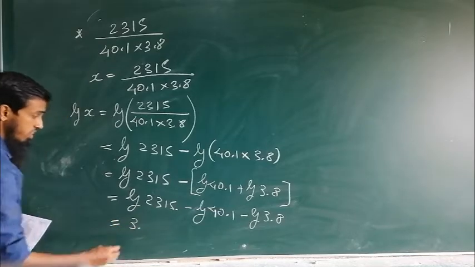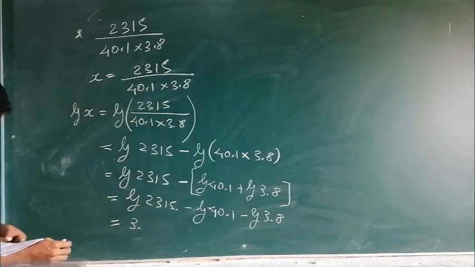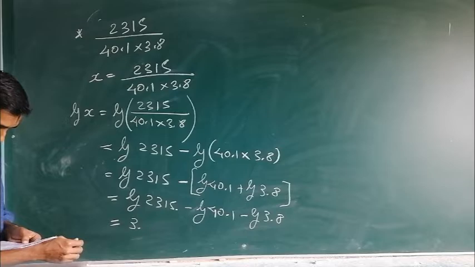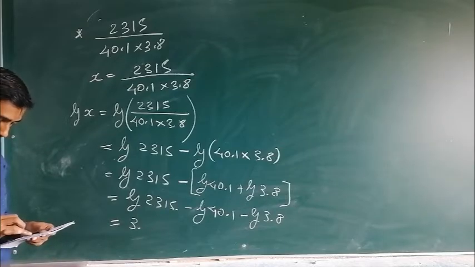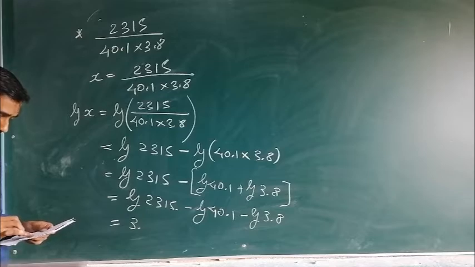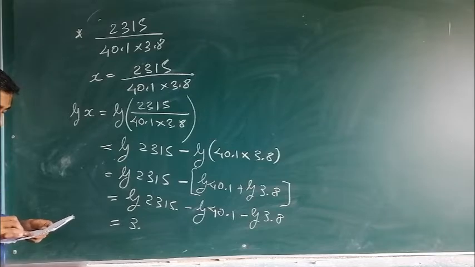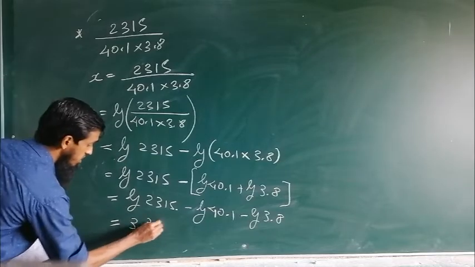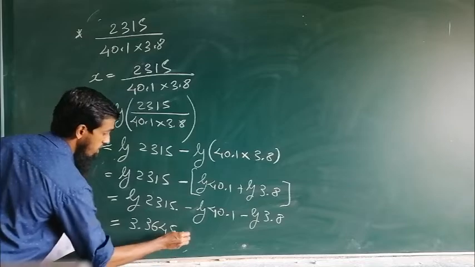So 3.2315. On 23 we have 3636. On 5 we have 9. So 3640, 3645. So 3645 is the logarithm.